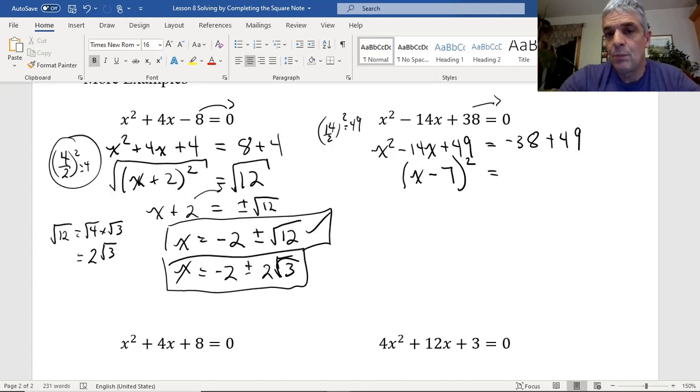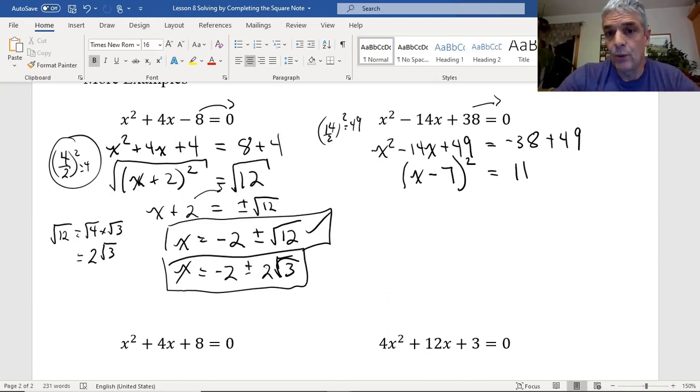And if you don't believe me, factors of 49 that add to 14 are 7 times 7. That's where I get x minus 7 squared, because it's going to be x minus 7 times x minus 7. Then over here, I have 49 minus 38, essentially. That is going to equal 11.